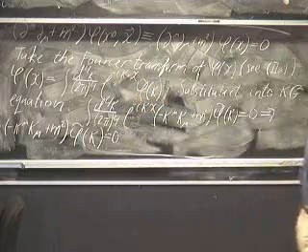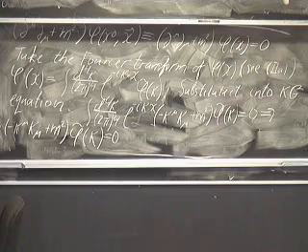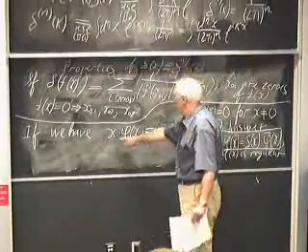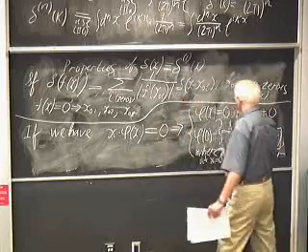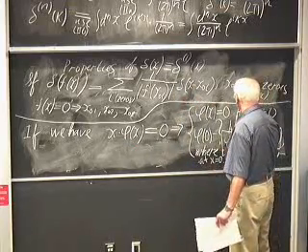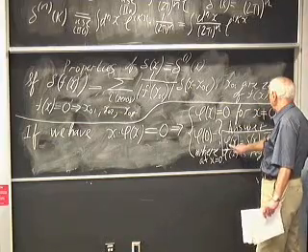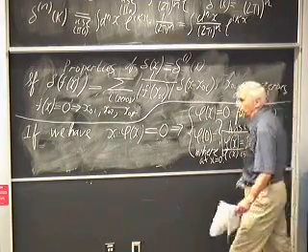Now we have something similar to what we had here. This is a property: if we have x times phi x equals 0, then the answer is that phi x is just delta x times some regular function.